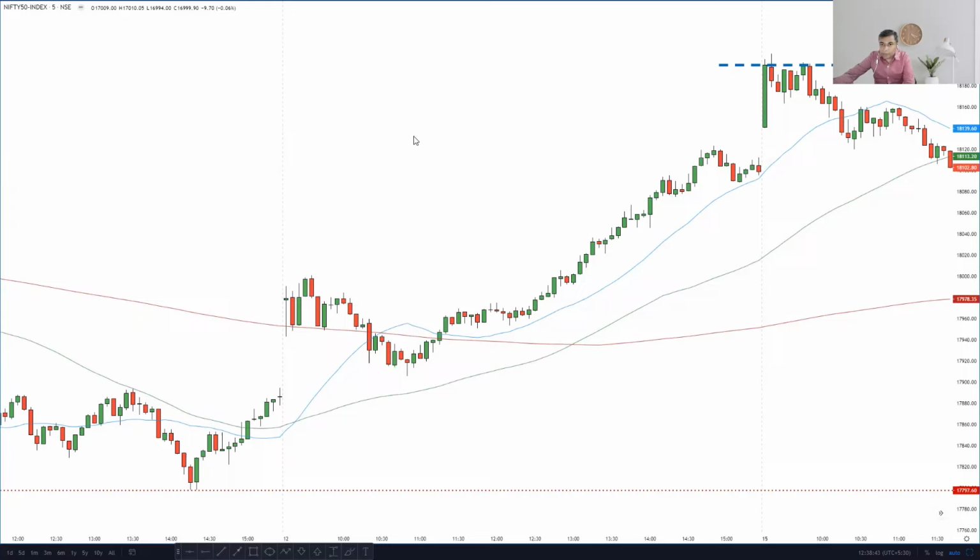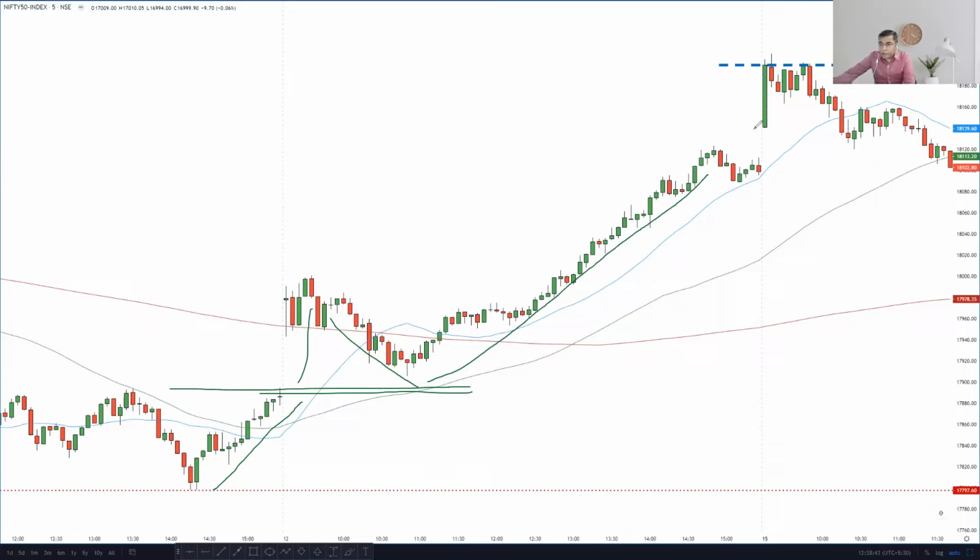Okay, so now a very important example, and I want you to take a screenshot of this example while you are watching this video. So what has happened? A rally from the support, gap up, then we have the pullback, prices came near this minor support area, right? Then a very straight rally to the upside.